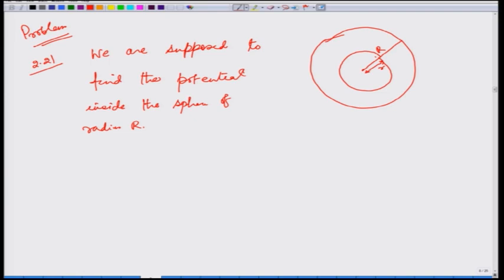So, how will we solve this? There are two ways of solving this. I am doing the first way, which is the straightforward way. We will use the electric field to find the potential.